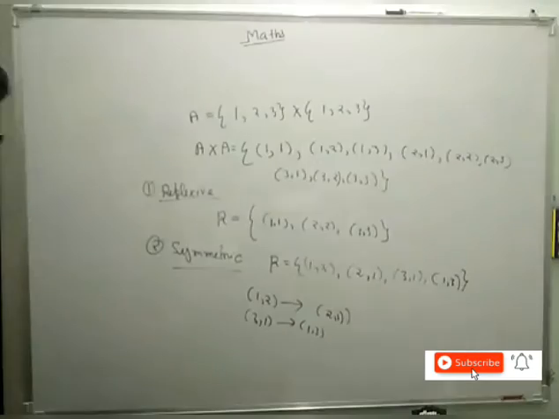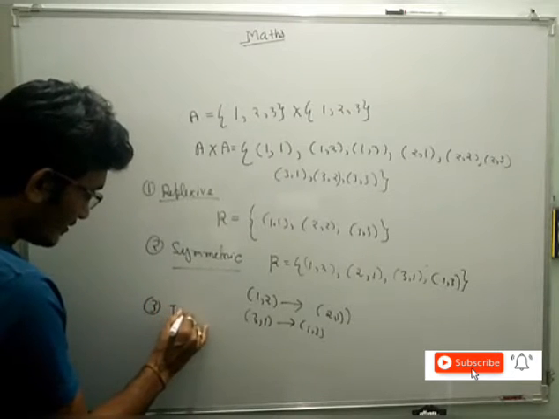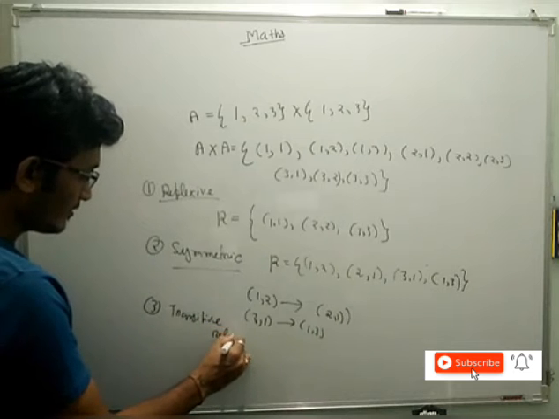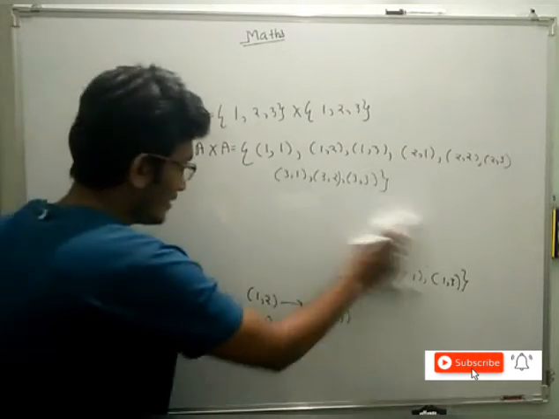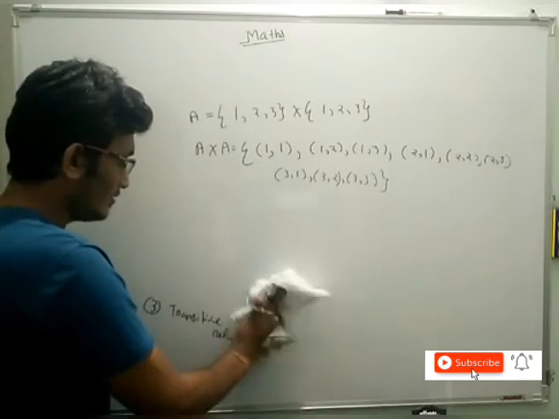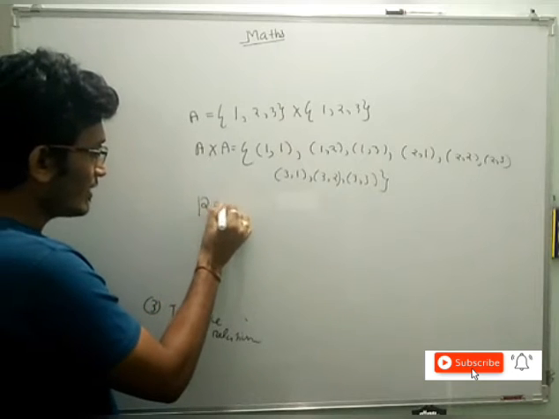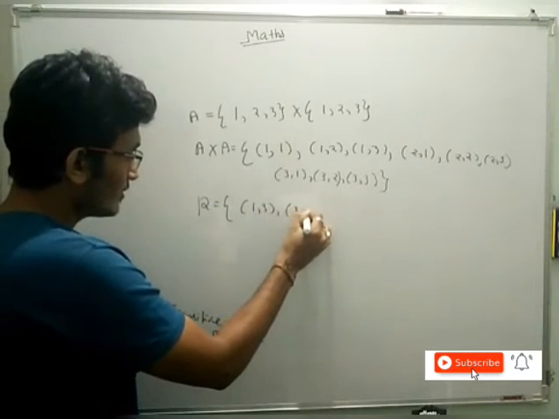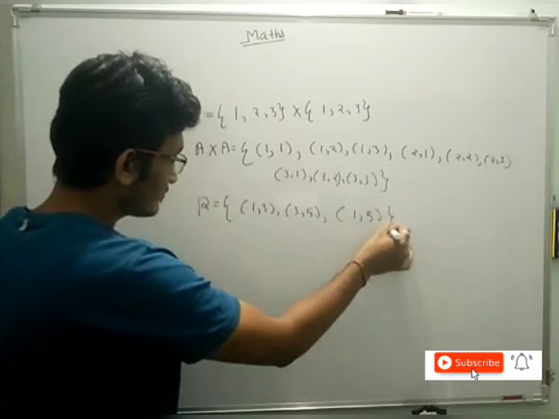Then the last one is the transitive relation. Let us write down one example. How can you define a transitive relation? Suppose R equals (1, 3), (3, 5), (1, 5).